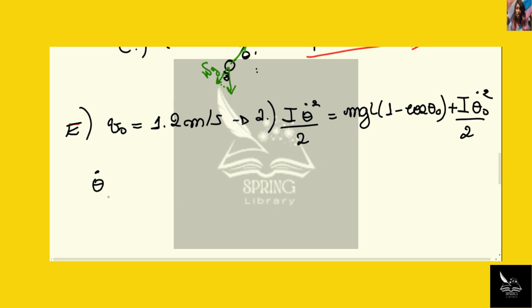So theta dot squared is going to be 2 divided by L times G times 1 minus cosine of theta plus theta 0 dot squared divided by 2.